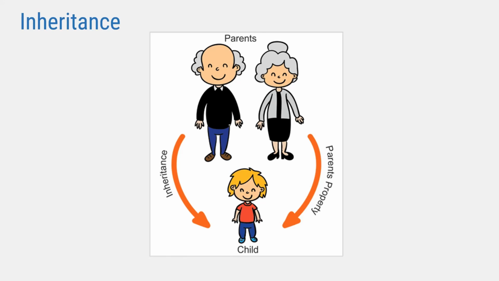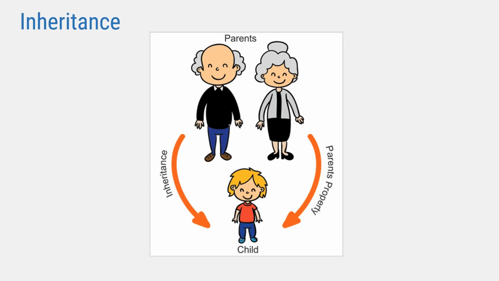So these kinds of properties are inherited from the parents, which means the child is going to be similar to the parents, and the child is going to have his or her own behavior. So this is the basics of inheritance. So yeah, let's talk in terms of classes now.